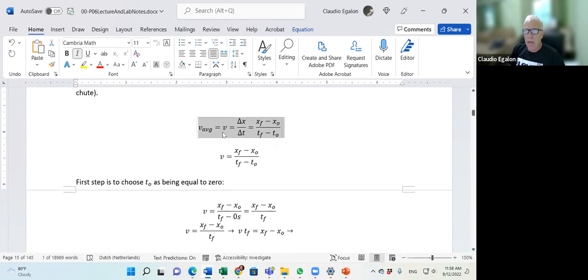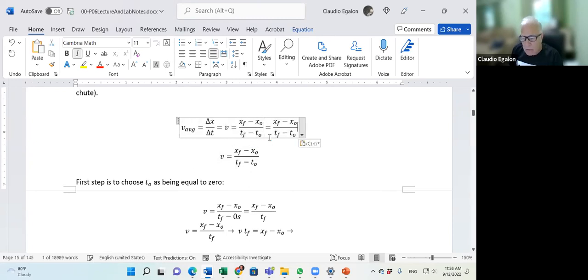Because the velocity is constant throughout the motion, the average velocity coincides with the instantaneous velocity. Average velocity is delta x over delta t, but the velocity is constant. Consequently, the average velocity is equal to the instantaneous velocity, which is also delta x over delta t, which is x_f minus x naught over delta t.